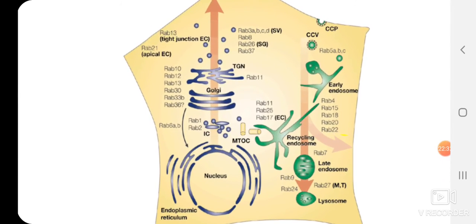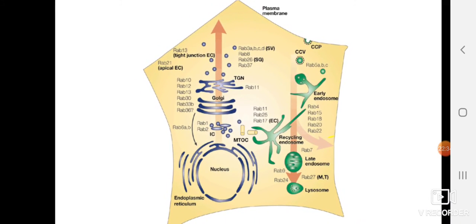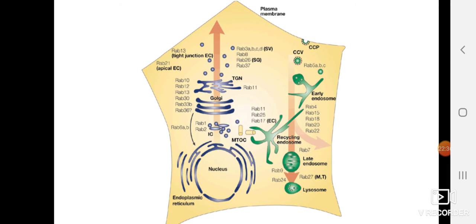In this picture you can see plenty of varieties of RABs at different destinations. For example, at the tight junction and at secretory vesicles there will be RAB3A, B, C, D; RAB8 at the secretory Golgi complex; RAB26, 37.